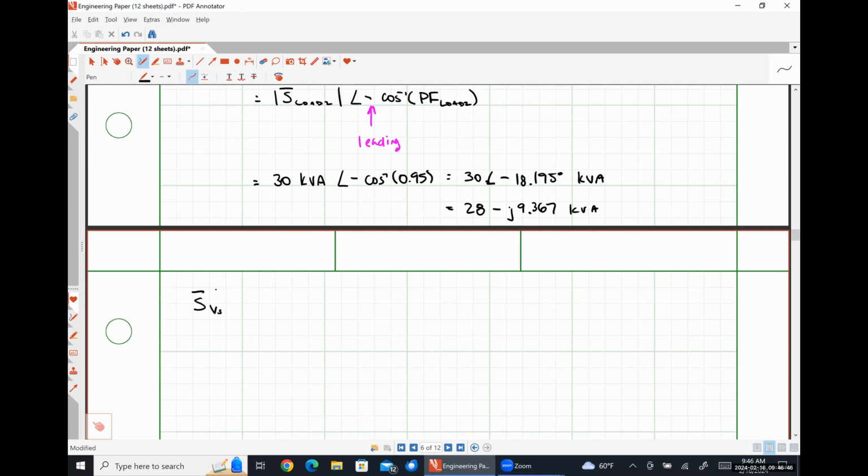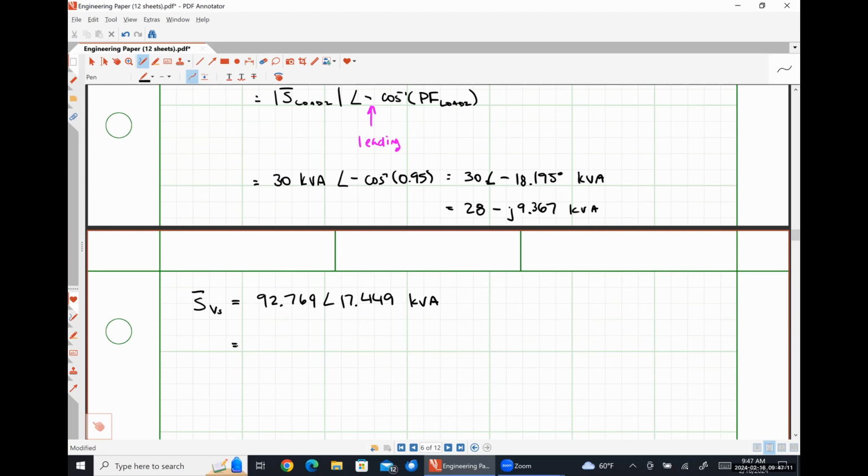So the complex power supplied by my voltage source is 92.769 angle 17.449 kVA in polar form.